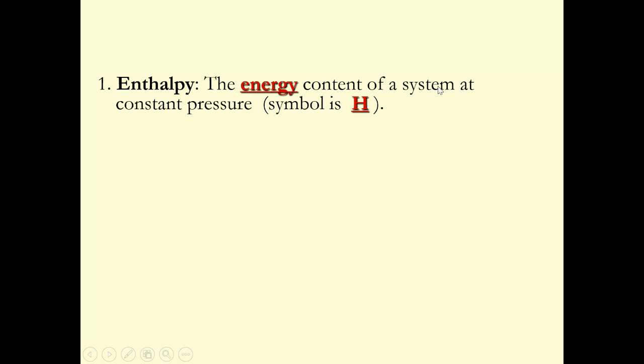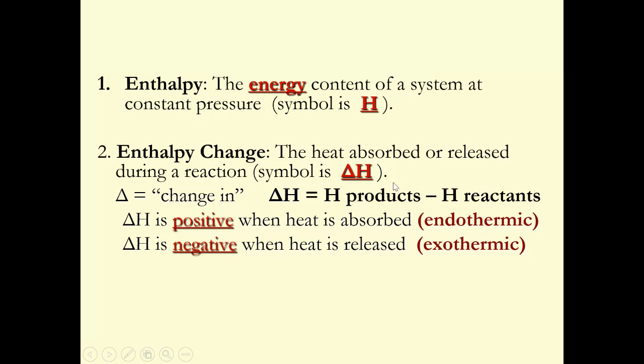Enthalpy is the energy content of a system, and it's designated by the symbol H. Energy content can also be thought of as the stored chemical energy. Enthalpy change is the heat absorbed or released during a reaction.